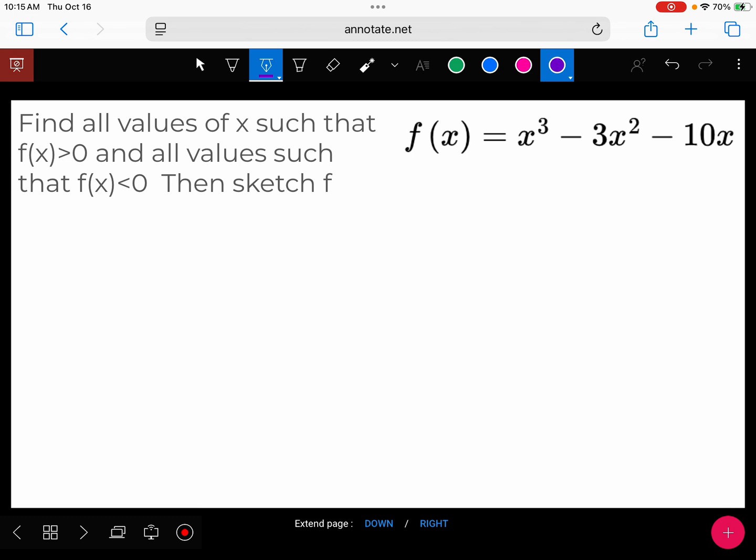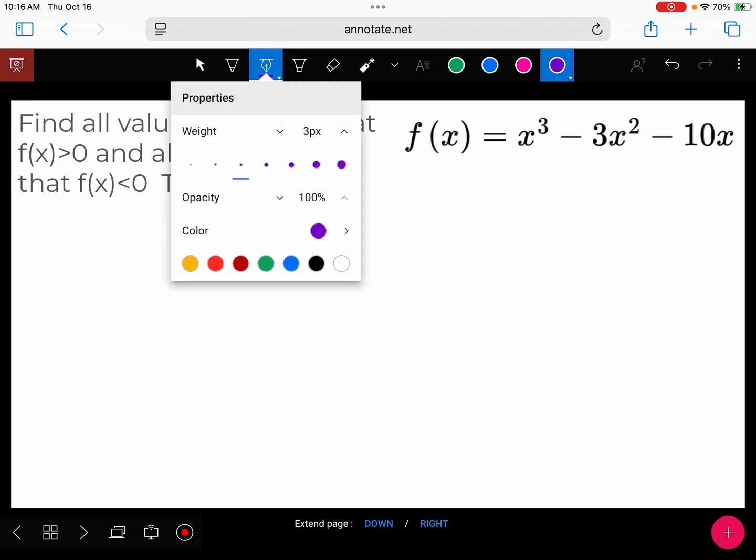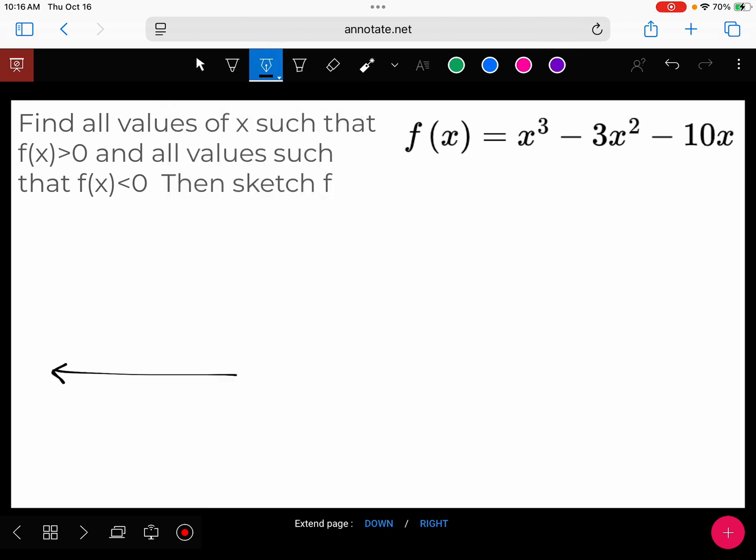And that's going to be, given an equation, that we are asked to sketch it. We're also asked to figure out the intervals where it's above 0 or below 0. When it has this piece, f of x greater than 0, f of x less than 0, that means they want us to think about a positivity table, which is what we did last chapter with our inequalities, where we do our little number line thing, and we put our roots and our factors, and we figure out whether it's positive or negative.